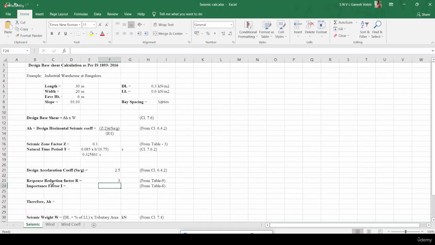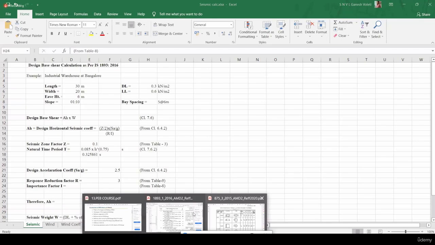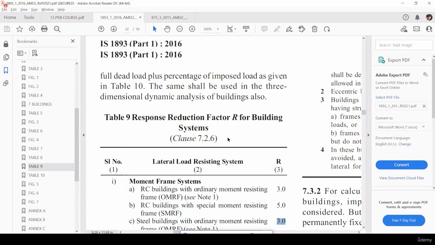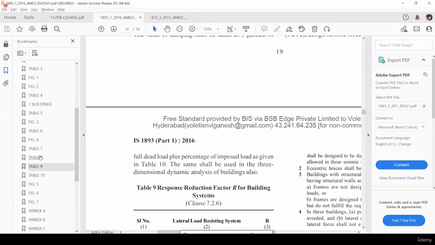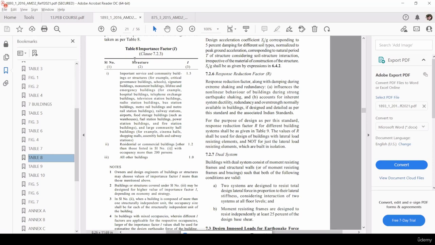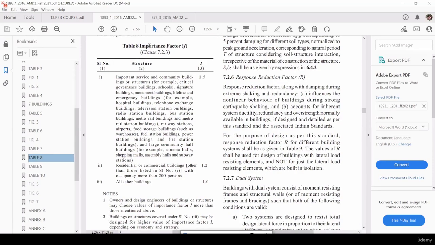And the importance factor I. How to take the importance factor? It is defined in table 8. If we go to table 8 here, this is the importance factor of the structure.